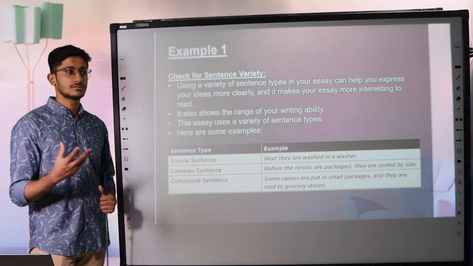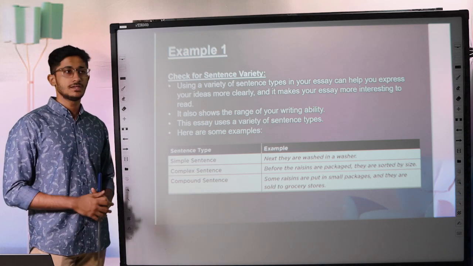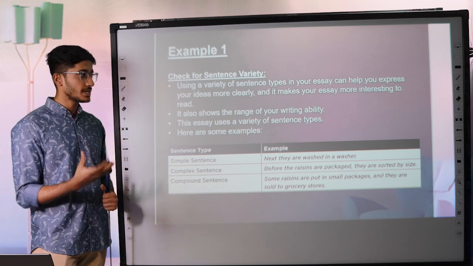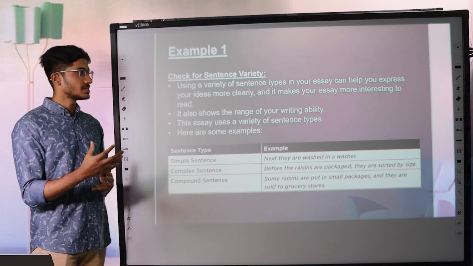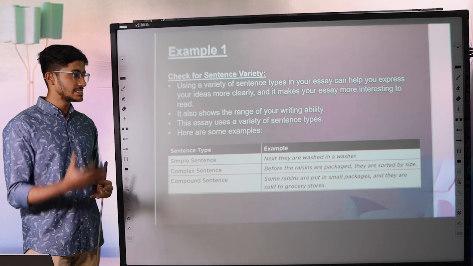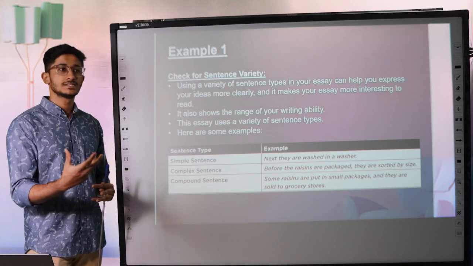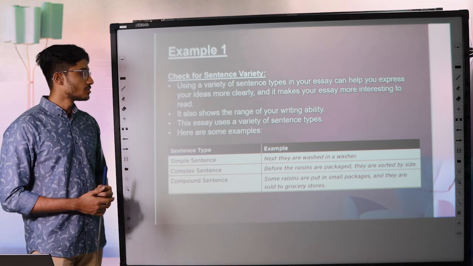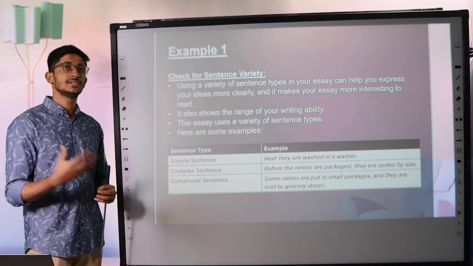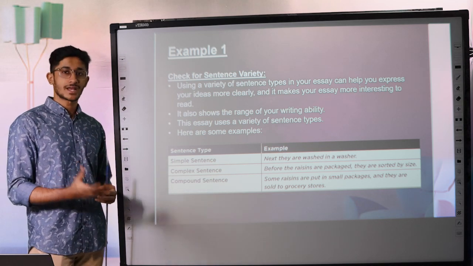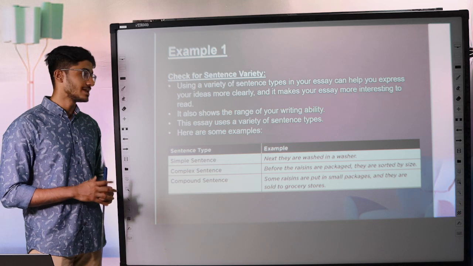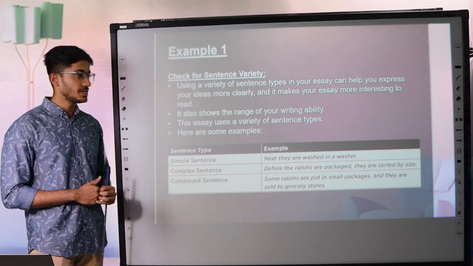You don't want the tone of the essay to be boring. So in order to make your essay interesting, you must use a variety of sentences: simple sentences, complex sentences, compound sentences. This will show the range of your writing ability, which will attract higher marks, and the essay will also be more interesting to the reader.